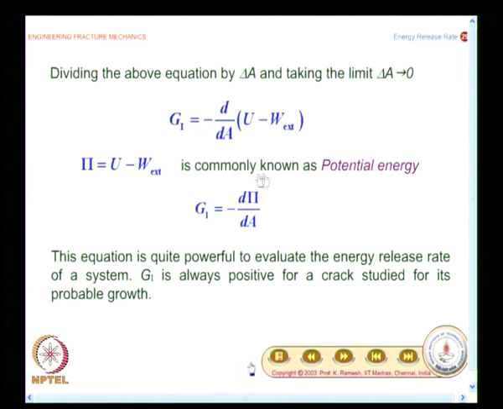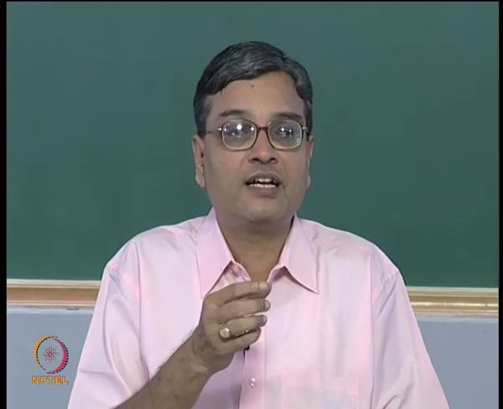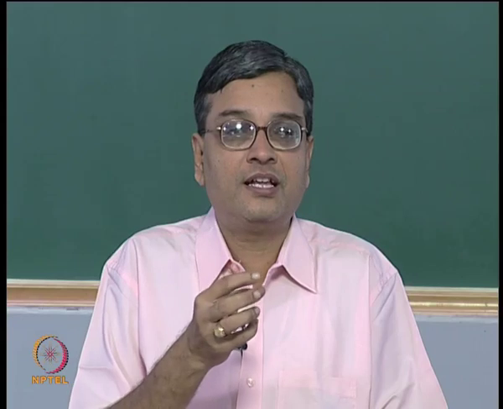And in theory of elasticity literature, the combination of u minus W external is termed as capital pi, which is known as potential energy. You know, when you are trying to move away from continuum mechanics to fracture mechanics, people wanted to look at what parameters that you know in continuum mechanics, how they look like when you come to fracture mechanics. So, you would like to express the fracture parameter in terms of the quantities that we are accustomed to.